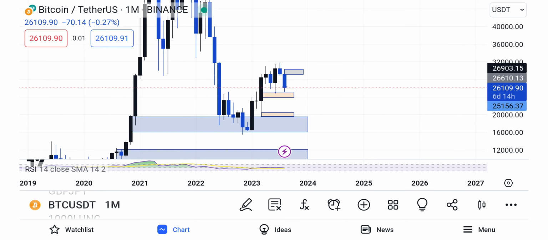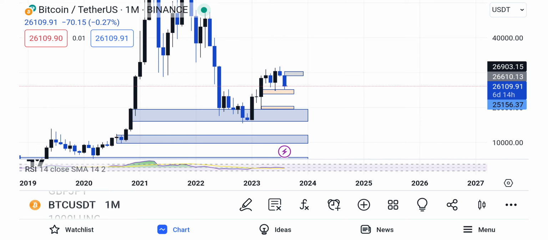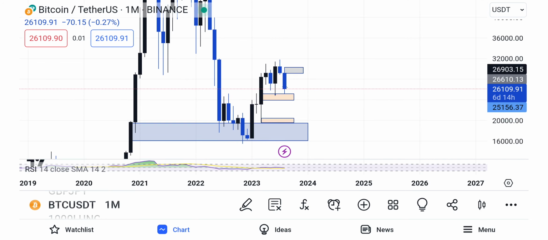So looking at this, I've marked out some key and major zones, but notwithstanding, in the 1 month view, what I'm looking at is the last 5 months. Let me understand what the market is doing there. Then I can also bring it down to the last 1 month.